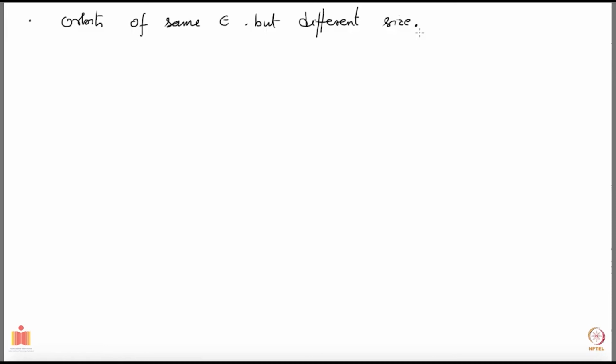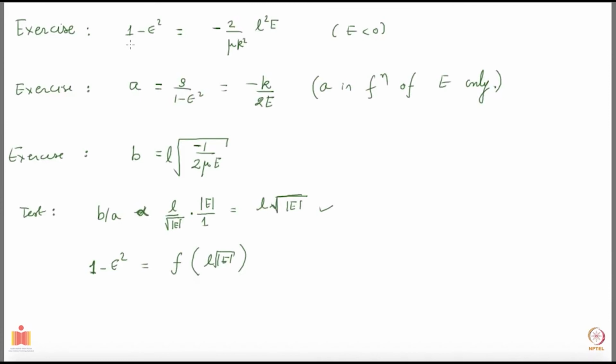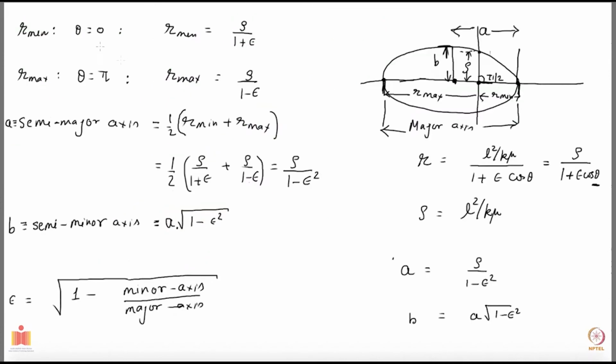So very naively I would think that because my r is given by the following, remember I wrote r as rho over 1 plus epsilon cos of theta. You might think that rho is the scale because epsilon remains unchanged, and rho is the one which will determine the scale, where rho is given by L square over k mu.